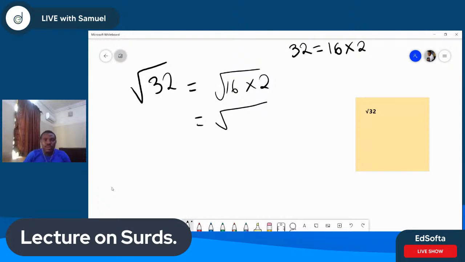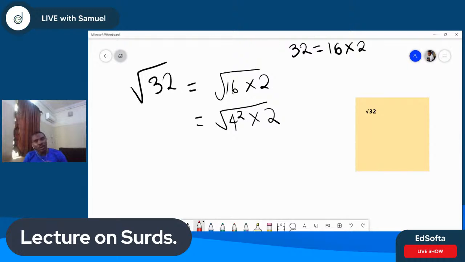This 16 times 2 can also be represented as 4 squared times 2. Once you have a surd and you can find factors of the number inside, where one of the factors is a perfect square, like 16 is a perfect square of 4.